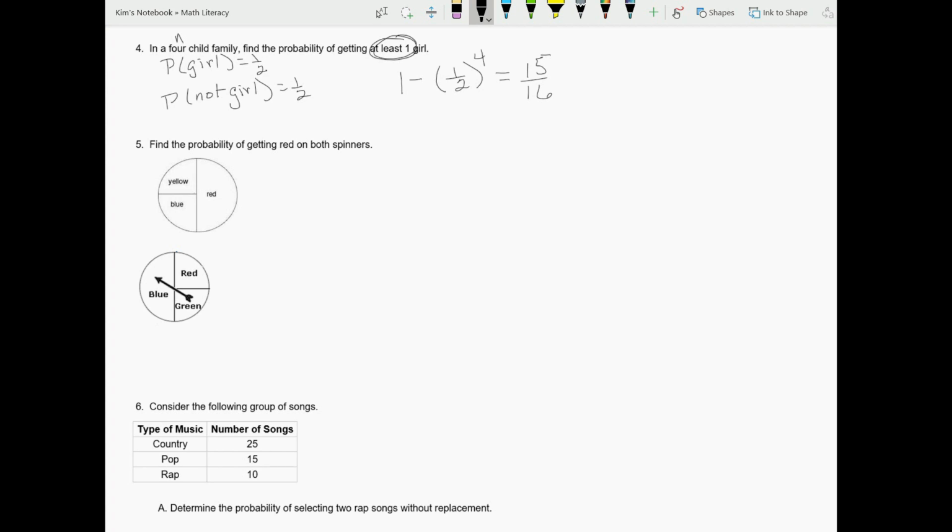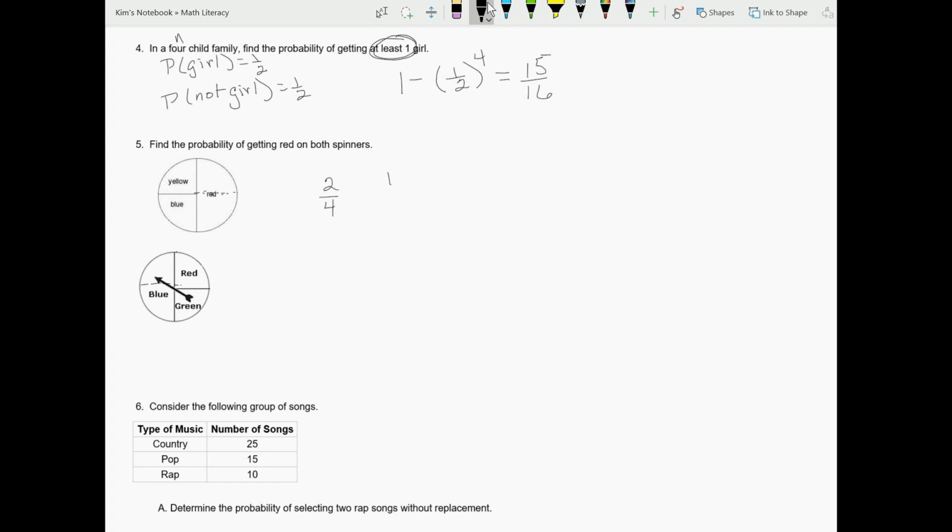So I'm going to go ahead and put in a dotted line here, and hopefully now you can see I've got 4 equal sections and 2 of those are red. So the probability that I get a red here is 2 out of 4. The probability that I'm going to get a red on this spinner is 1 out of 4.